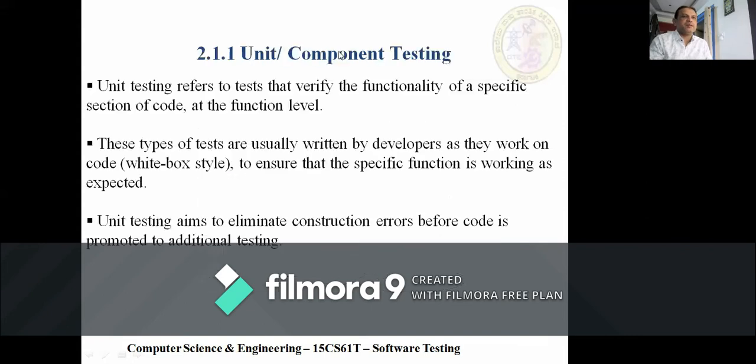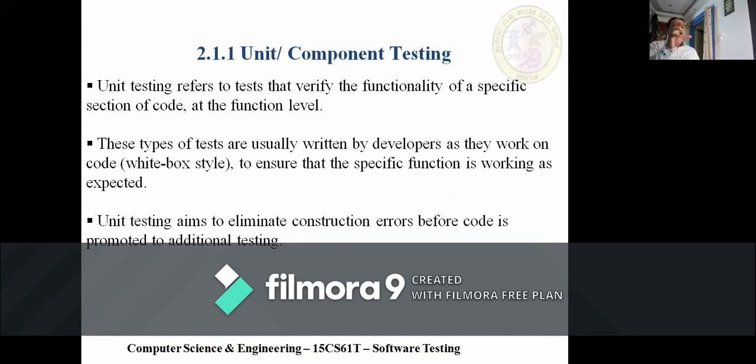Next. First one is unit or component testing. Unit testing refers to tests that verify the functionality of a specific section of code at the functional level. So the code is being tested there. And what we test here is whether the purpose of the software or the functionality is met.